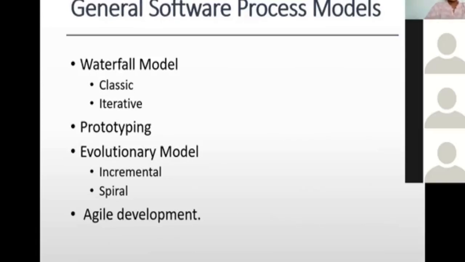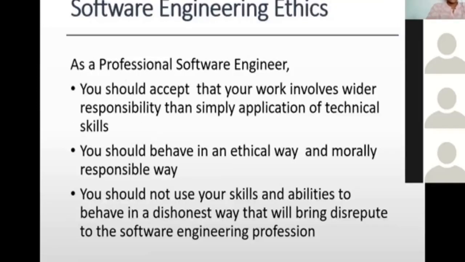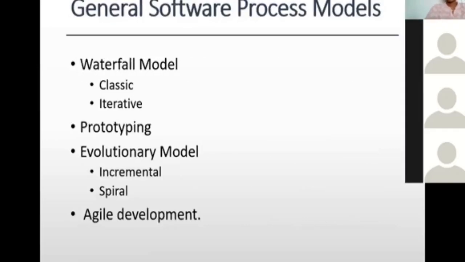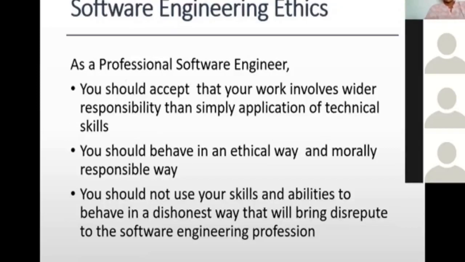The waterfall, under which we have the classical waterfall and the iterative waterfall, then the prototyping model, and under the evolutionary model we have incremental and spiral, and then agile development as the last lecture of the lecture series. We are going to talk about those in the next lecture. So can you just read this slide first?